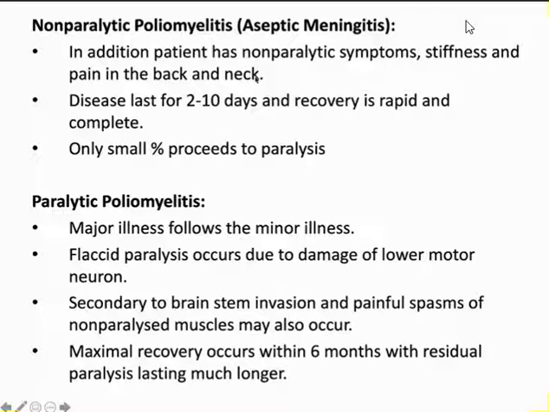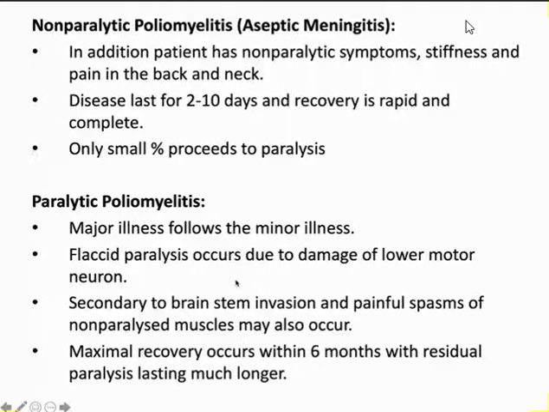Okay, and another is the paralytic poliomyelitis. This is important because there will be paralysis of the affected organ. Due to the damage of these motor neurons, most commonly the limbs will be paralyzed. That is called flaccid paralysis.